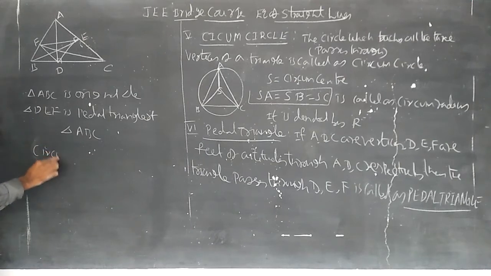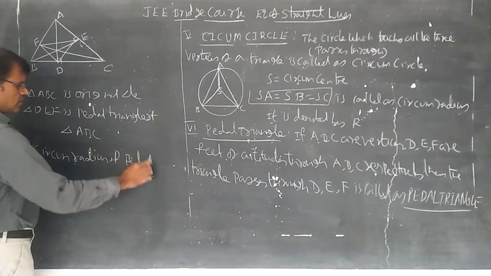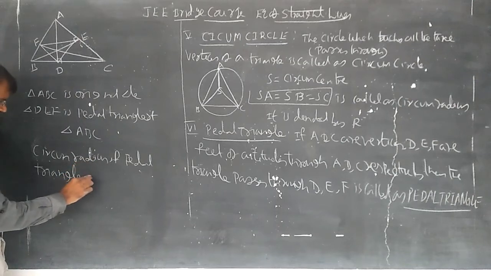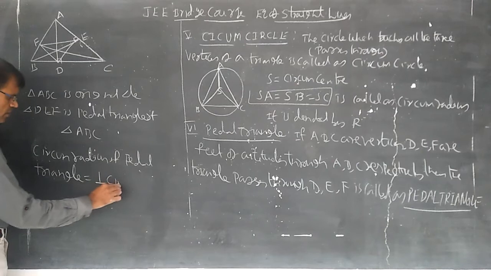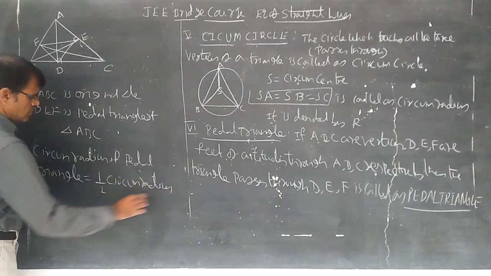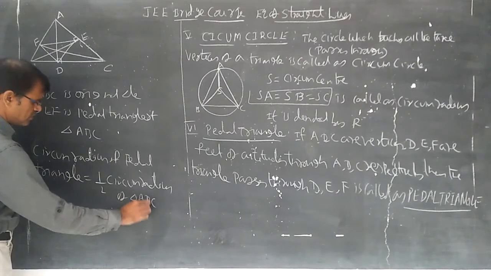The property is that the circumradius of pedal triangle is, this is the objective bit for mains and MCET, equal to half of the circumradius of triangle ABC.